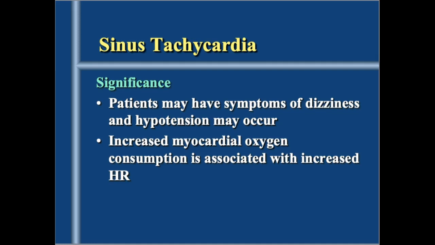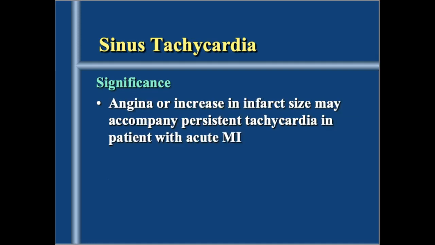It also causes an increased myocardial oxygen consumption. And that can be very dangerous in the presence of an MI. So you want to get that heart rate down to improve your cardiac output and to decrease the oxygen consumption. In the presence of an acute MI, you can definitely worsen the size of the infarct. You can definitely cause more tissue damage.